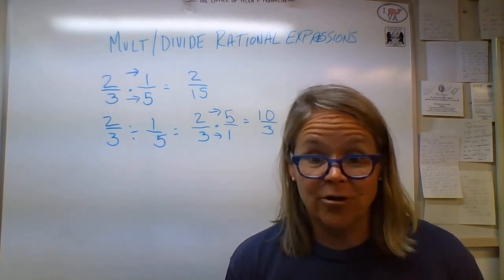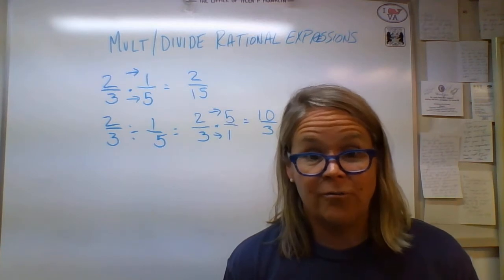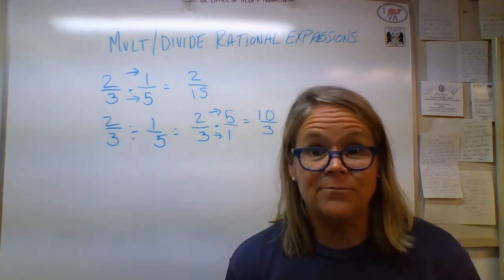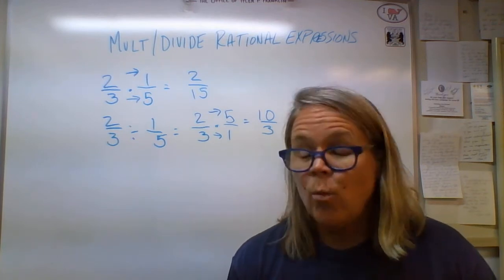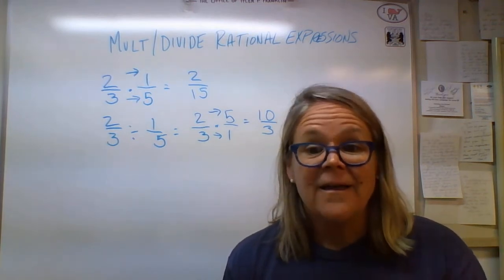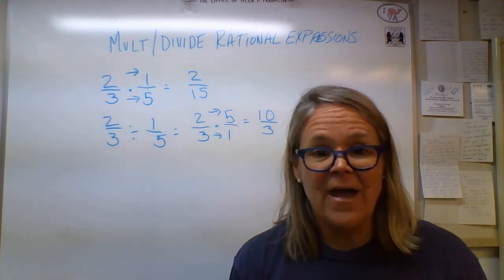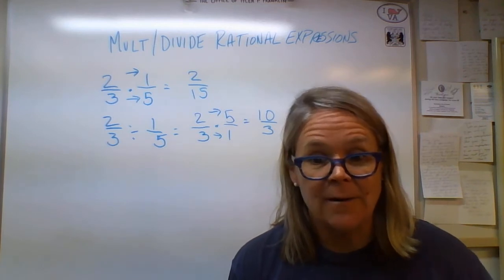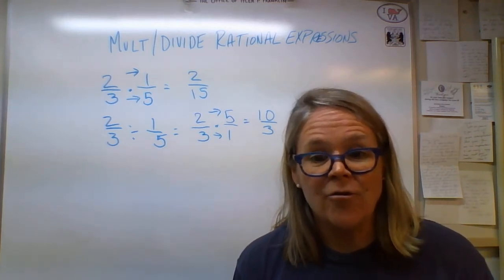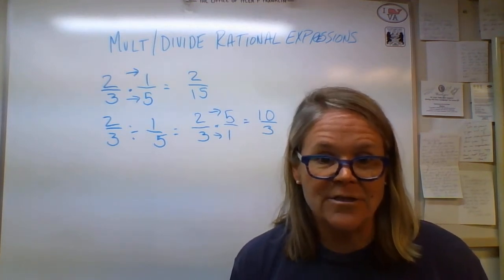We did those earlier this year, and I'm going to add those in as good review, ACT types of questions. If we have adding and subtracting, we're going to factor. Then we cross off any common factor, one top with one bottom, anywhere. Once you're done crossing off common factors, whatever is left is your answer.